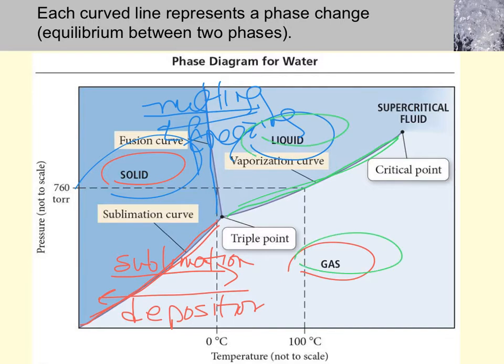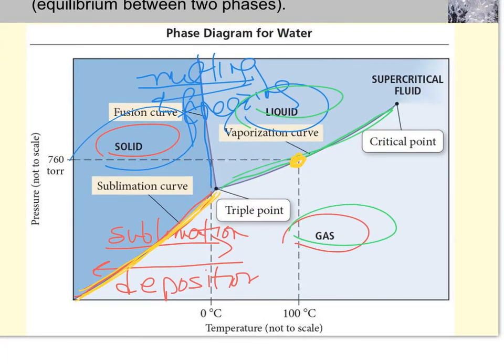So I want you to understand that these lines actually represent the conditions under which that substance changes phases. And if you're exactly on that line, for example, right there, and I were to ask you what phase or phases are present, since it's right on the line, you would say there's an equilibrium between liquid and gas at this point.